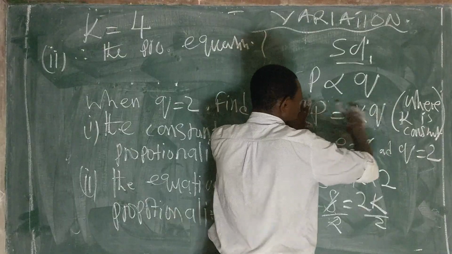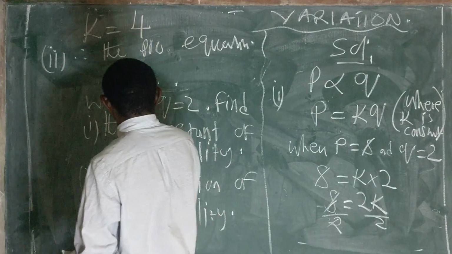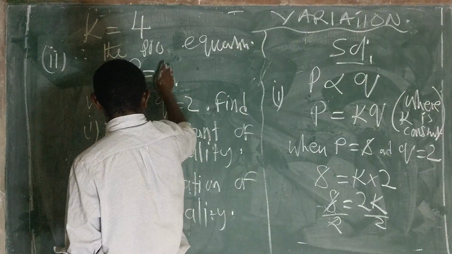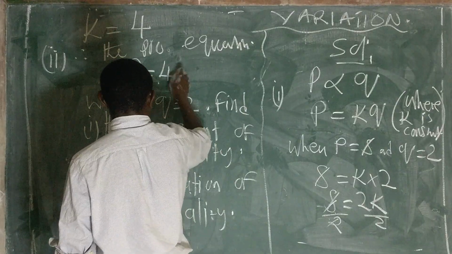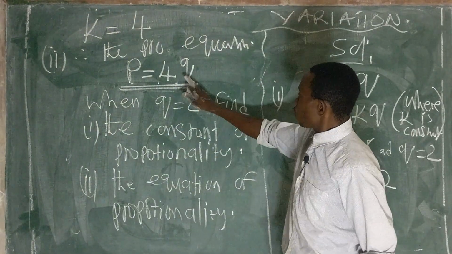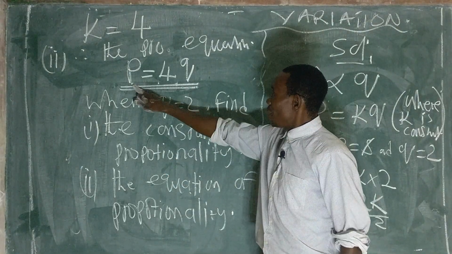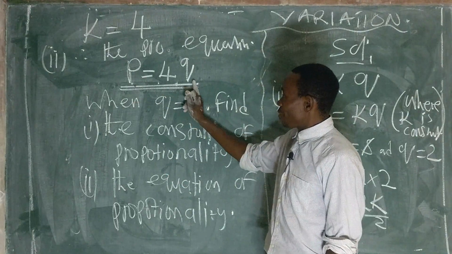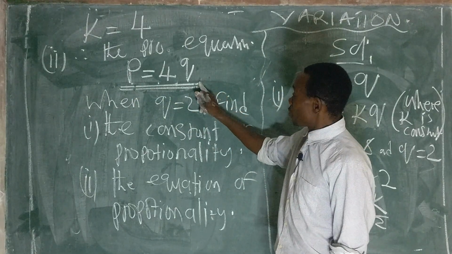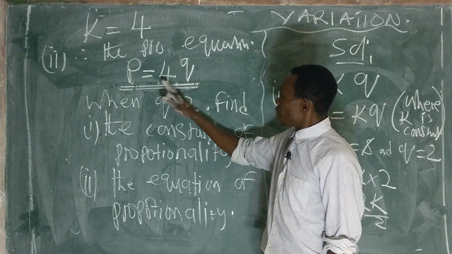Just take this same equation, but substitute for K. So our proportionality equation will be P is equal to, instead of having a K, you write a 4, to be multiplied by Q, it now becomes 4Q. So P is equal to 4Q is the proportionality equation. And every time if you know P, you can find the value of Q. You just substitute for P. If you're given the value of Q, then you'll be in the position to find the value of P, because you just multiply 4 times the value of Q which you are given. So it goes like that.